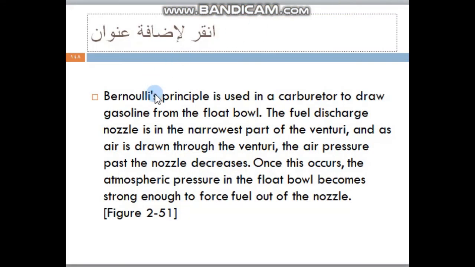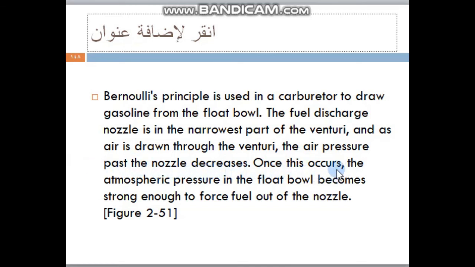Bernoulli's principle is used in a carburetor to draw gasoline from the float bowl. The fuel discharge nozzle is in the narrowest part of the venturi, and as air is drawn through the venturi, the air pressure past the nozzle decreases.